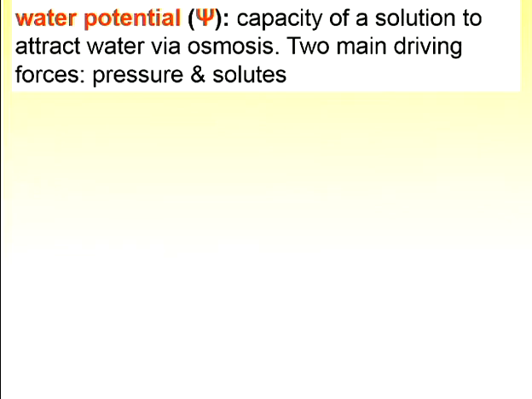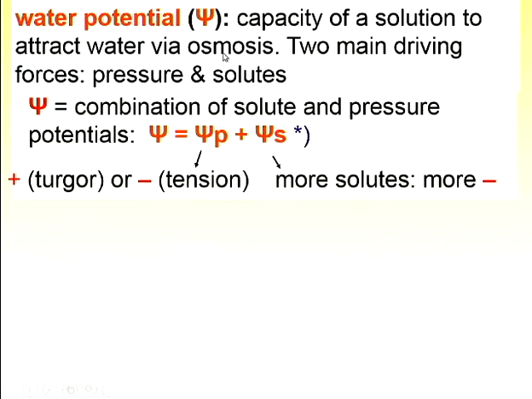That's why people came up with the term water potential. It's the sum of those forces, the sum of the solutes effect and the pressure force, combine them, and then we call it water potential. And water potential is shown as this Greek letter psi. And psi comes from the Greek god of the sea, Poseidon.